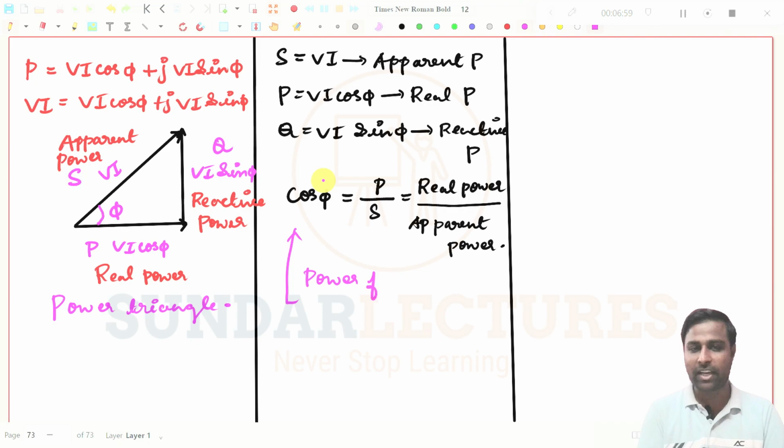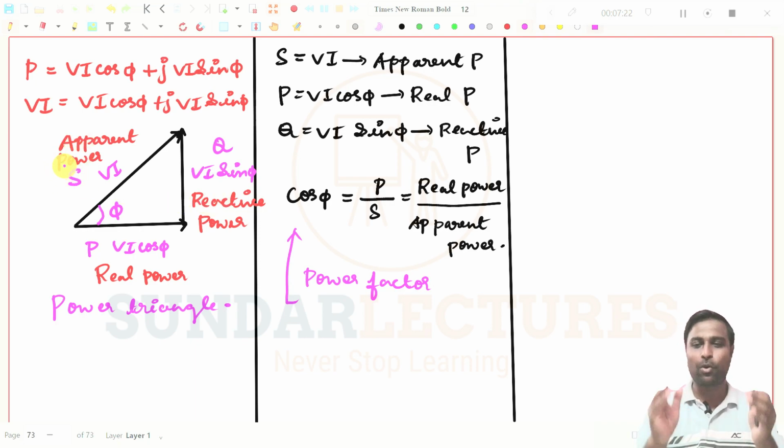Power factor in an AC circuit gives you an idea. And what is that idea? Try to understand. What is the real power? Real power is all the power which is utilized by the load. And what is reactive power? Reactive power is the power which is not utilized by the load. What is apparent power? Apparent power is the total power given to the circuit.